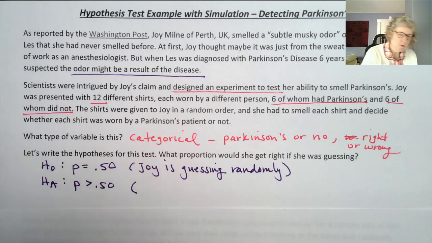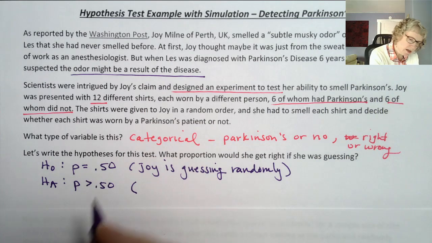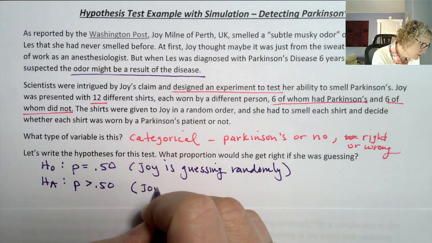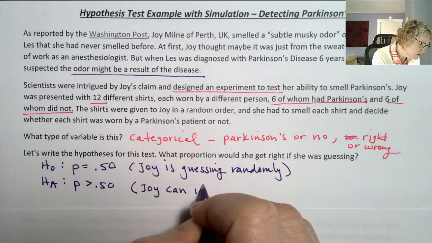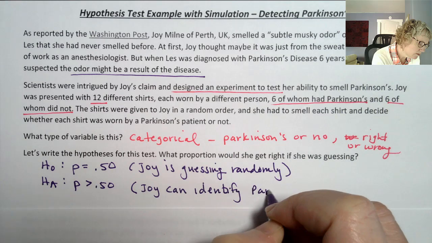So P greater than 0.5, we would say that she can identify Parkinson's at a rate greater than chance. And that's what it means to be statistically significant. So Joy can identify Parkinson's.